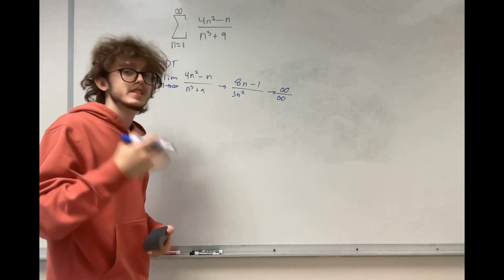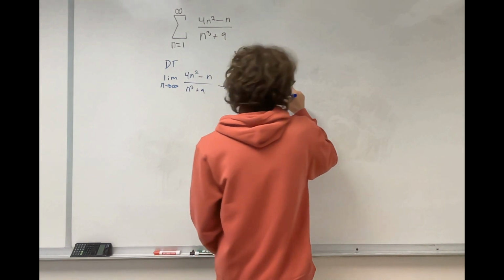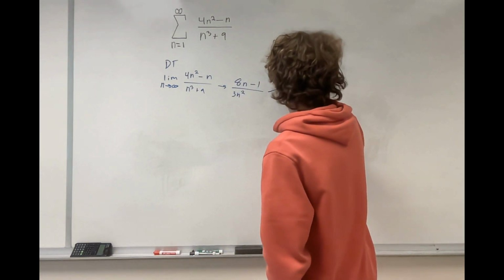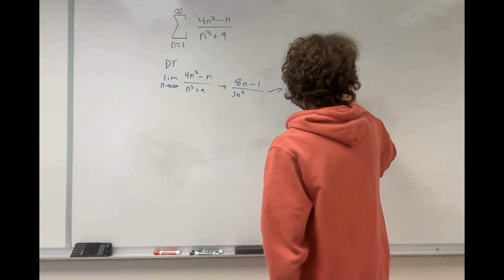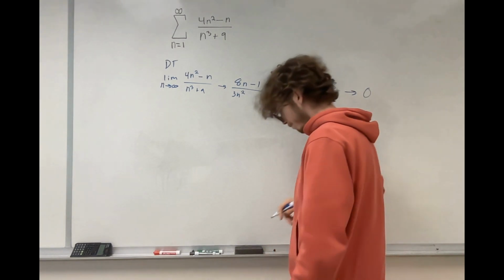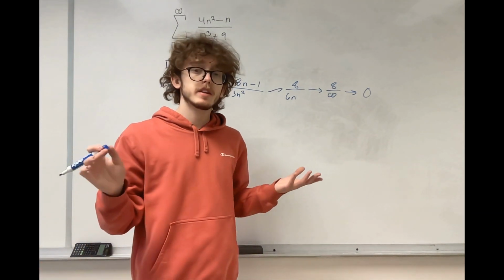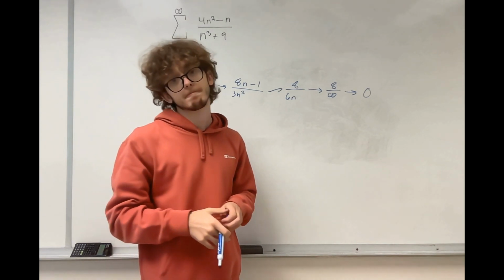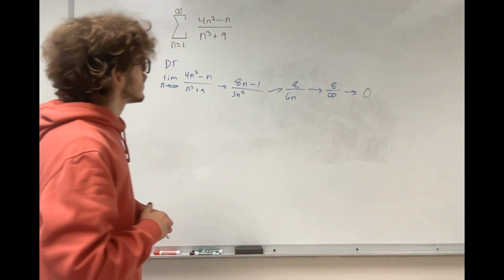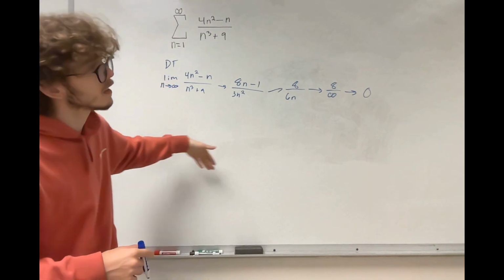So you do, once again, L'Hopital's rule, which is going to give you 8 over 6n, which is 8 over infinity, which is just 0. Because if I have one cookie and I split it up a million, bazillion ways, you're not going to have anything left. That's going to be 0. So the limit as n approaches infinity for this turns out to be 0.